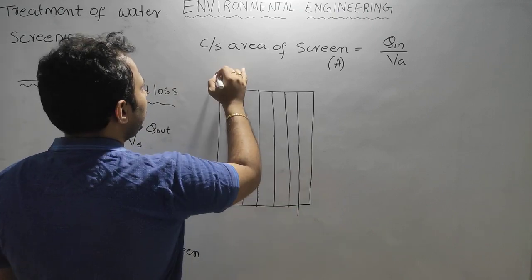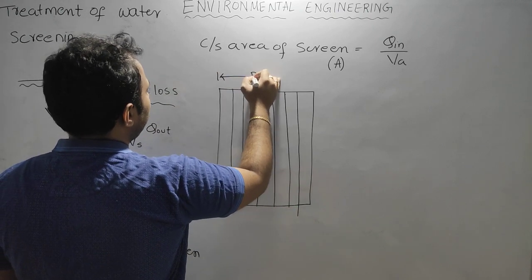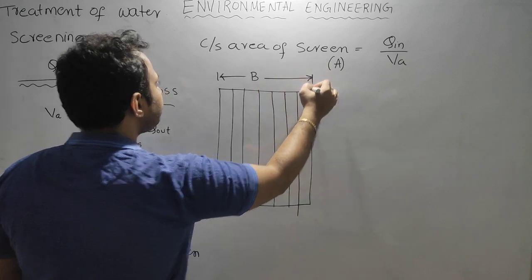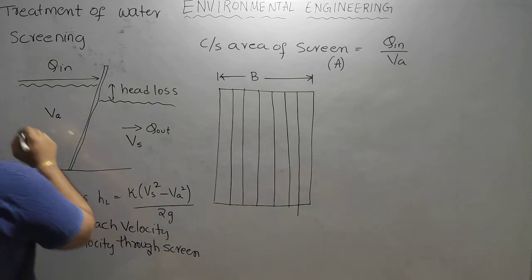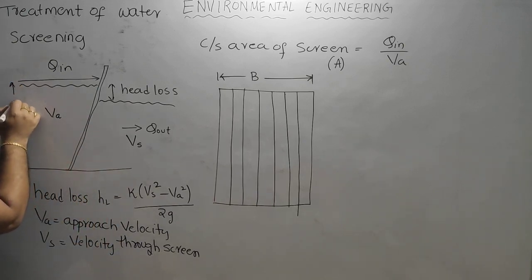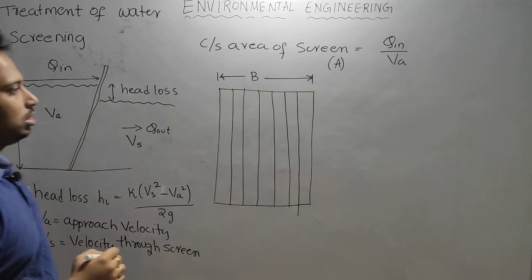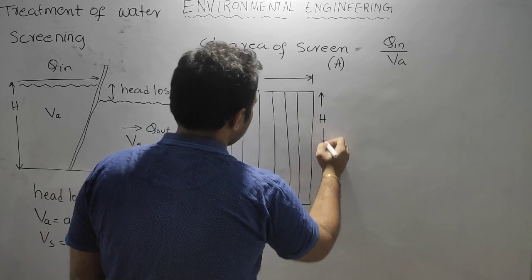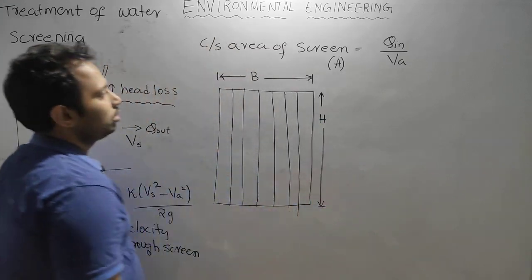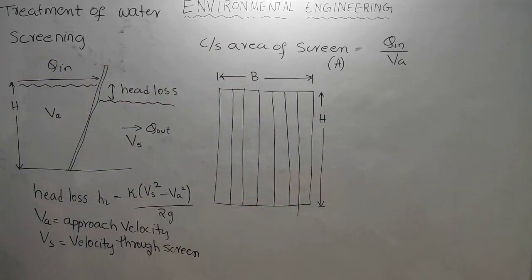So this is B. If I take this as B and this as H, then B into H is the cross-sectional area of the screen.